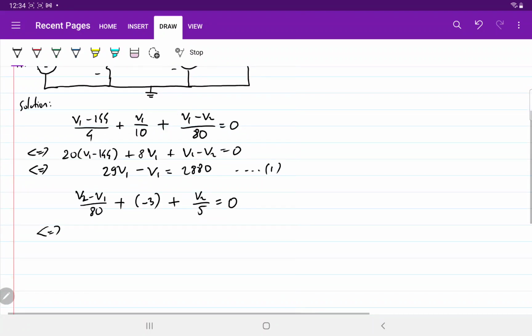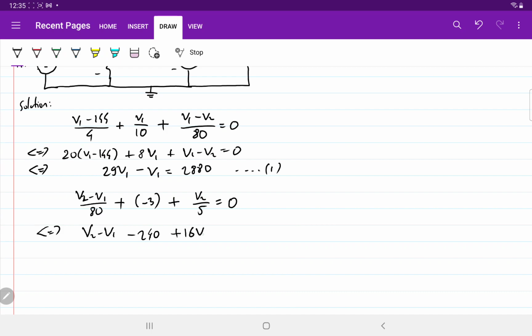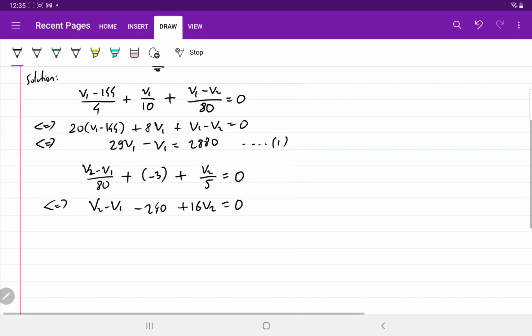Again, you can simplify it, multiply by 80. V2 minus V1 minus 240, since 3 times 80 is 240, and 80 divided by 5 is 16, so plus 16 V2 equals 0.